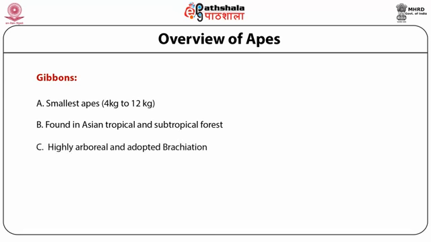They are highly arboreal and have adopted the brachiation mode of locomotion. Their arms are long with extremely elongated fingers, a shortened thumb and suspensory shoulders specially designed for tree-top life. They are frugivorous and eat a variety of fruit.